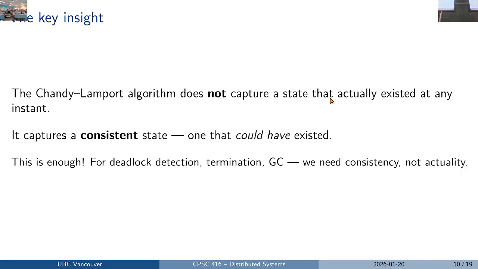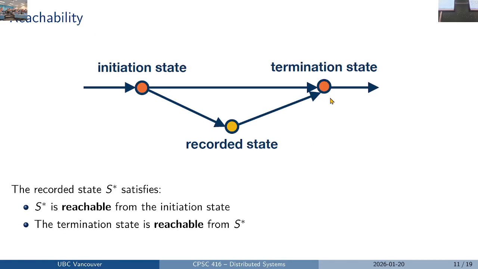So this is enough for us to detect deadlocks, premature termination, garbage collection events, because all we need is consistency. We don't necessarily require actuality. So the term reachable is used to indicate that we can get from one state to another state.